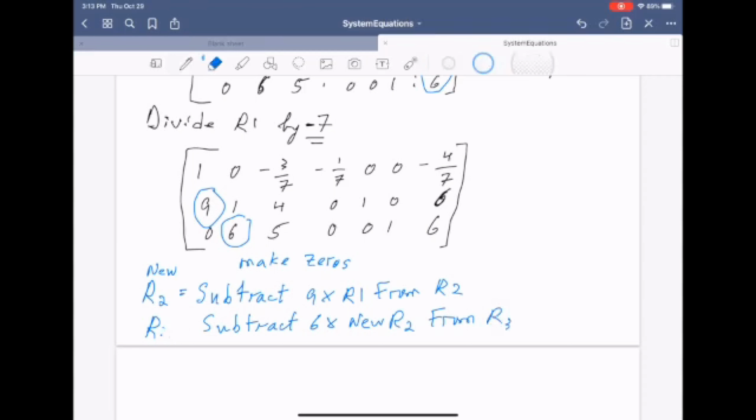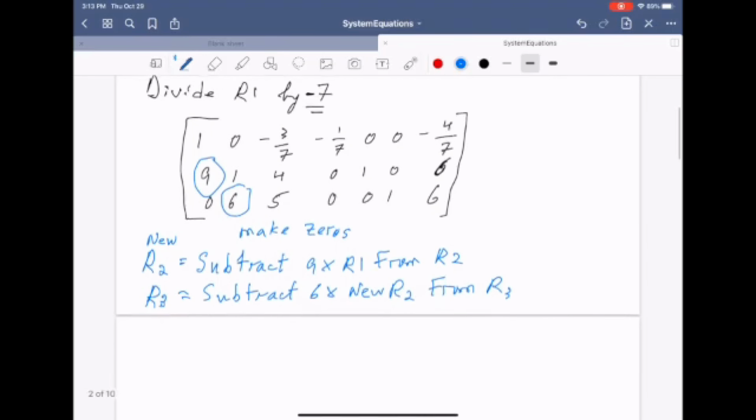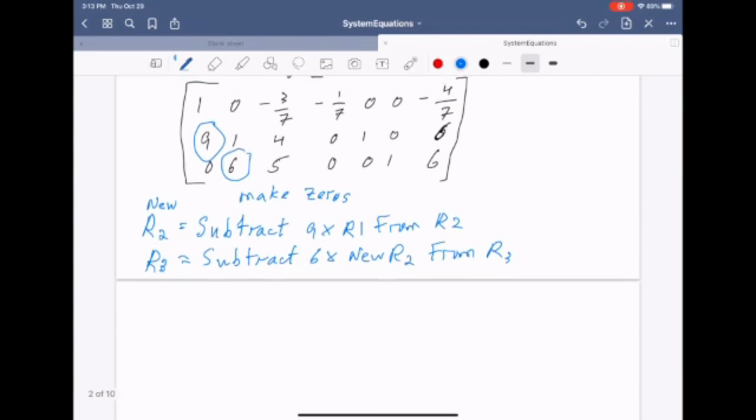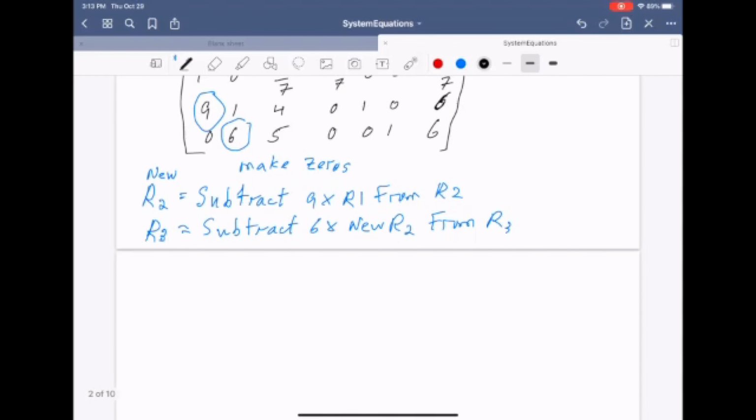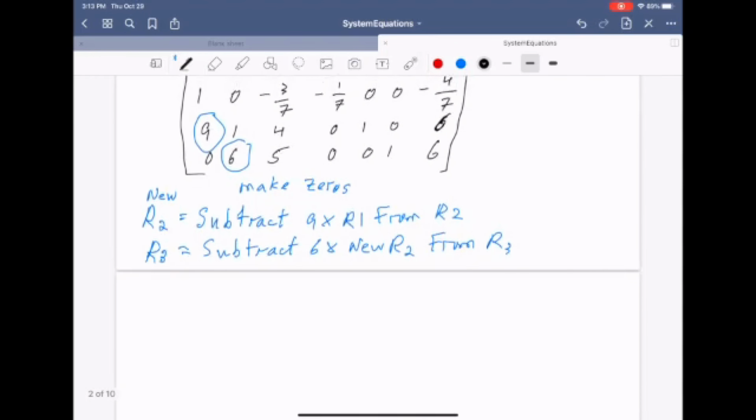All right, so let's see what that is going to look like. Let's first do the first subtraction. So we'll keep that first one the way it is: 1, 0, minus 3/7, minus 1/7, 0, 0, and minus 4/7.